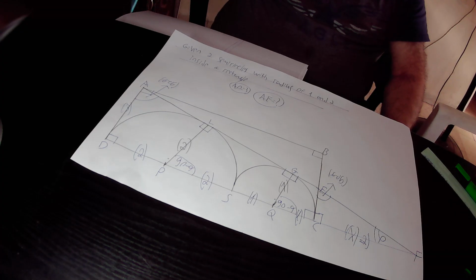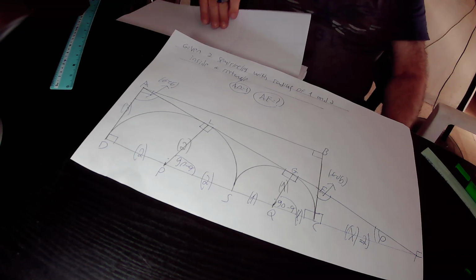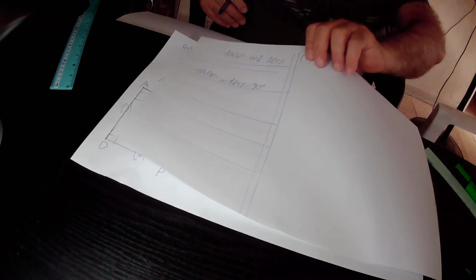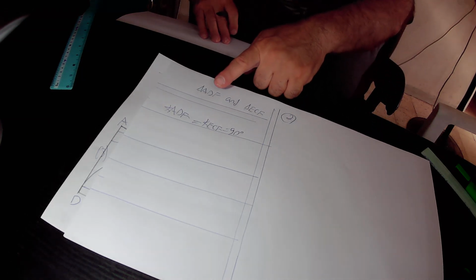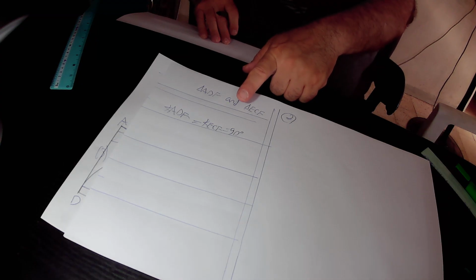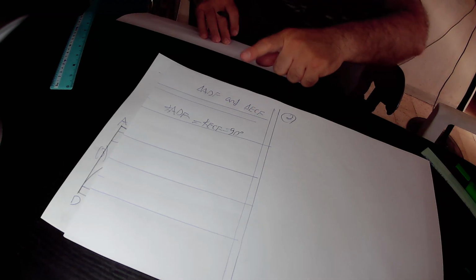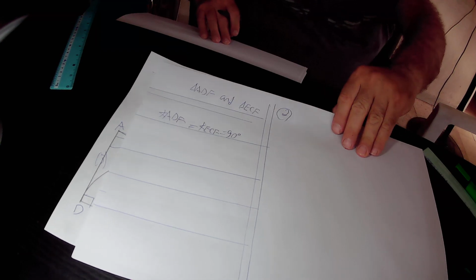I'll repeat again. We found that angle ADF in the big triangle equals angle ECF in the small triangle. They are both equal to 90 degrees, and therefore they are equal to each other.